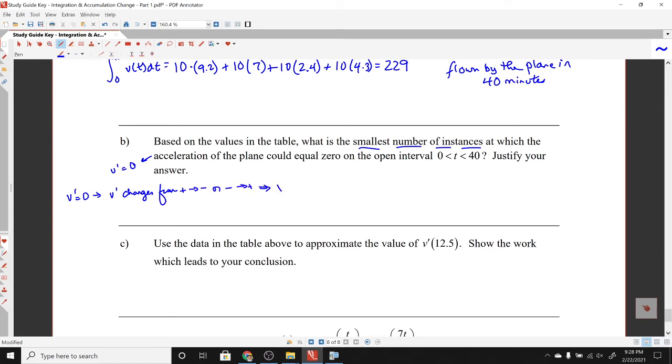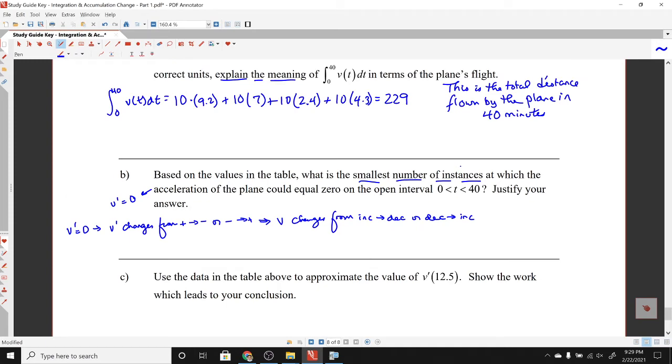That happens when v changes from increasing to decreasing or decreasing to increasing. So we now need to go back to our table and say, where does it change? What's the fewest number of changes from increasing to decreasing or decreasing to increasing could there be?